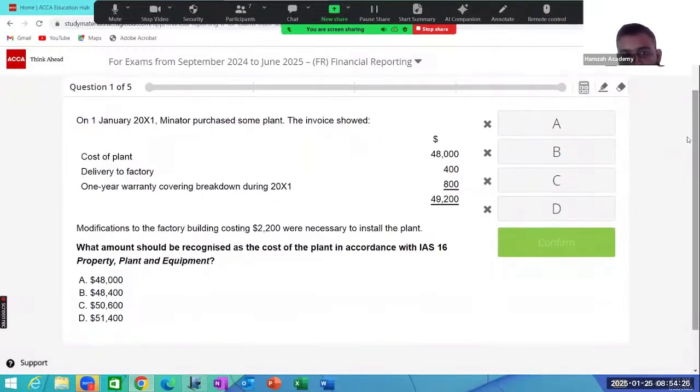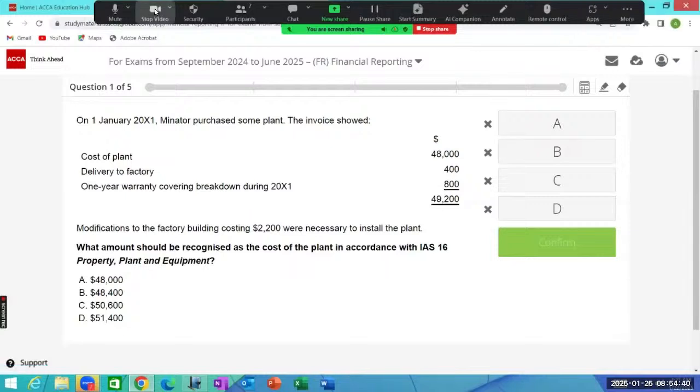So this is the first question. Please calculate and let me know which option is the right option. I am waiting for your response.